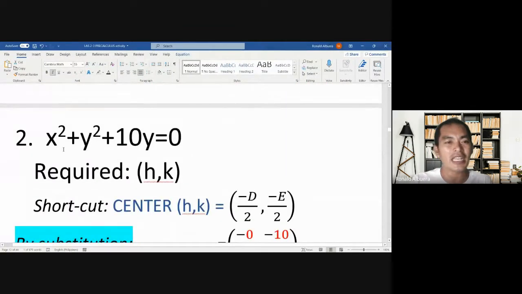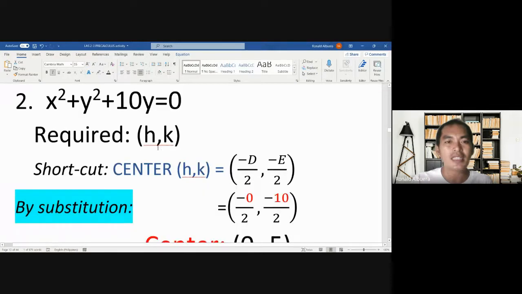The given is x squared plus y squared plus 10y equals 0. So the requirement is the center. Then applying the shortcut, we have the formula negative D over 2 and negative E over 2. Just substitute. There is no D because there is no term which has x.